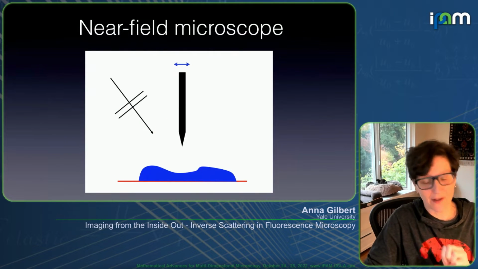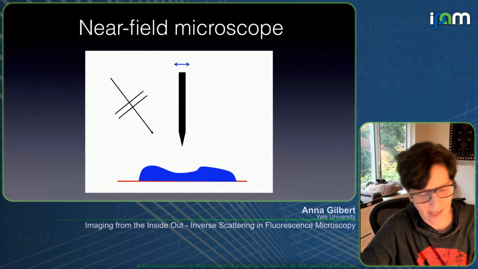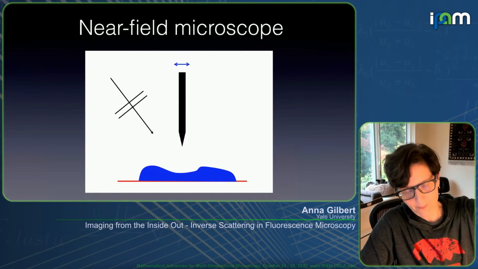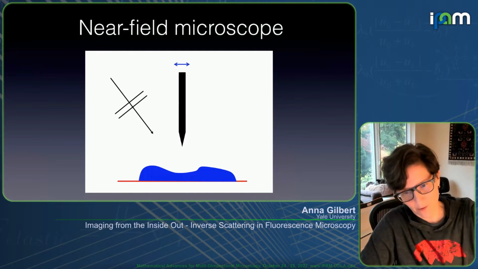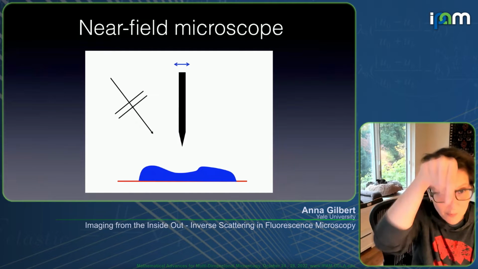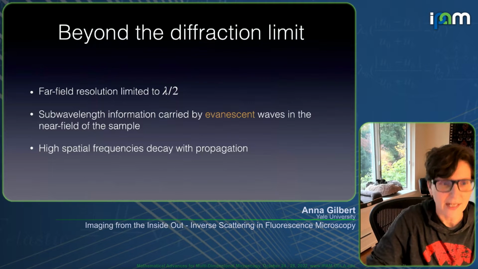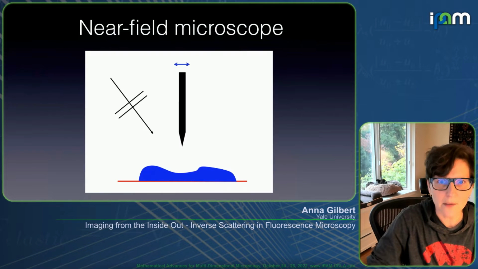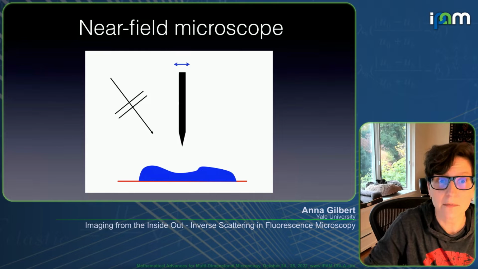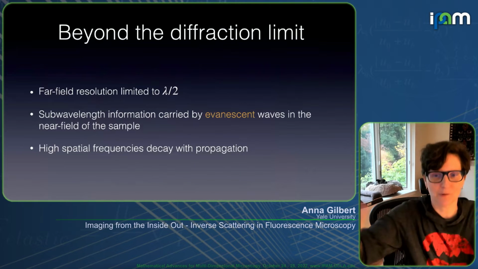And the mathematical part of this problem is that you've got an incident wave coming into this object, and you've got this probe that is very close to the object that can move around. And sorry, was that a cough or a question? It's a cough. Okay, great.